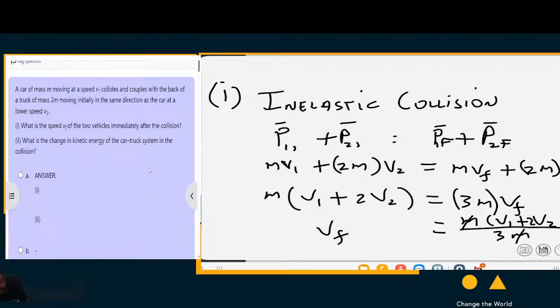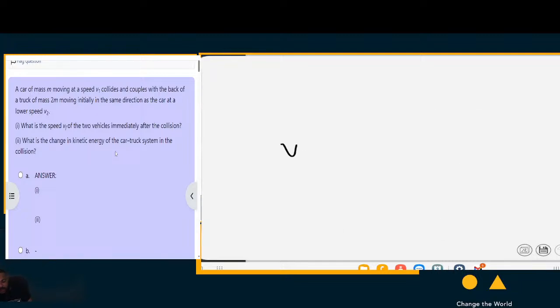So it will just be a third of v1 plus 2v2. That's it. So the answer: Vf is equal to a third of v1 plus 2v2. That's all.